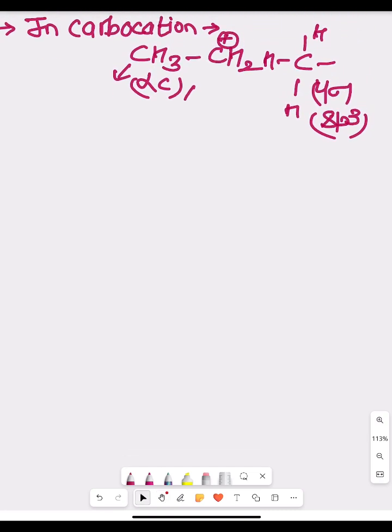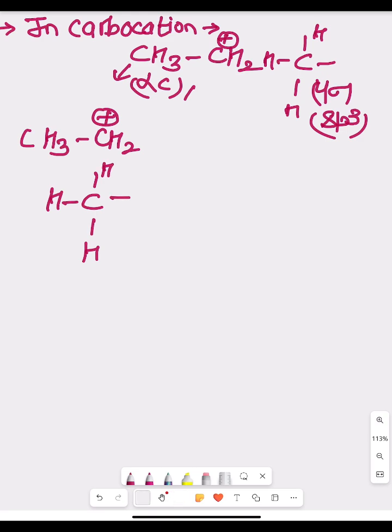Now let's see. This is your carbocation. How can your sigma electron be delocalized? By this arrow, you will show hyperconjugation.